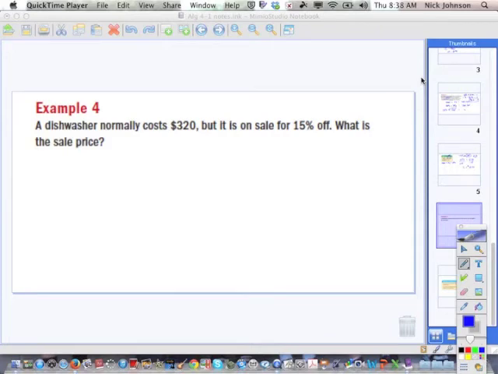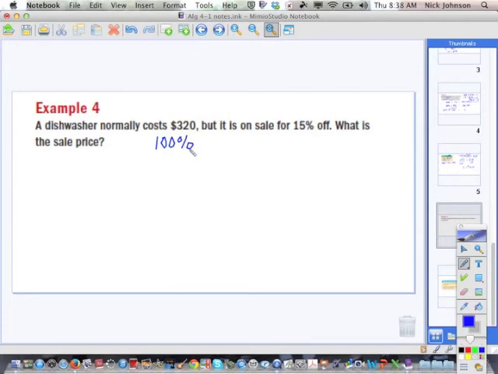Example 4. A dishwasher normally costs $320, but is on sale for 15% off. What is the sale price? Okay? What you've got to think about with the sale price is that when you pay for a dishwasher, normally you pay for 100% of what the dishwasher costs.